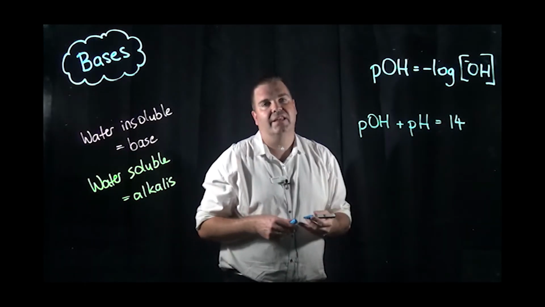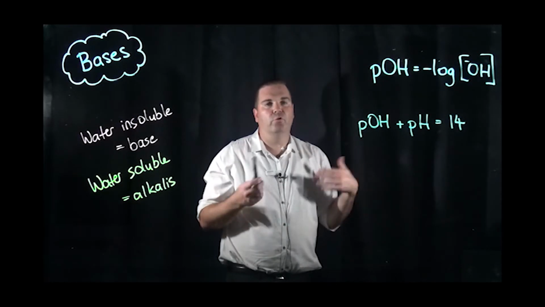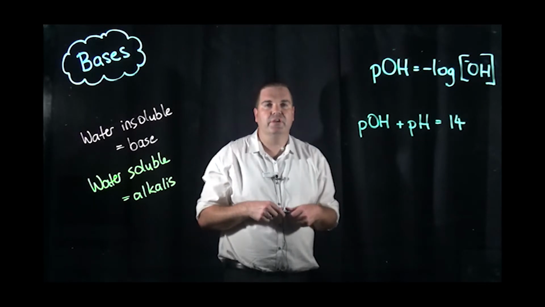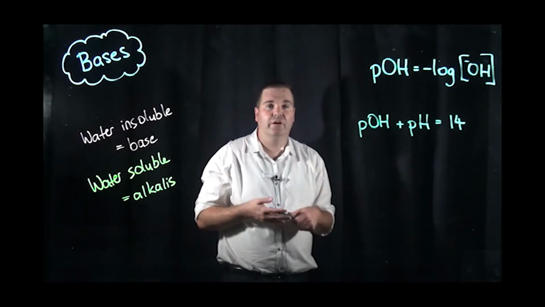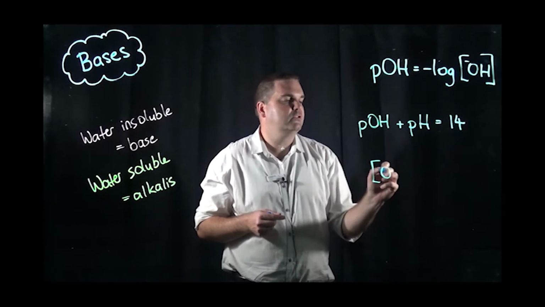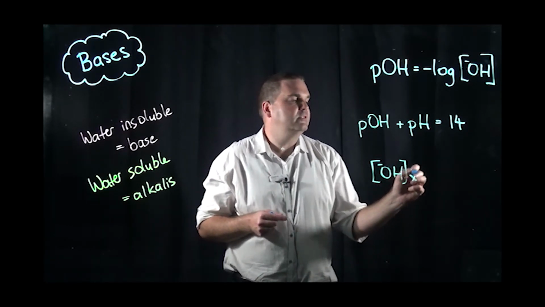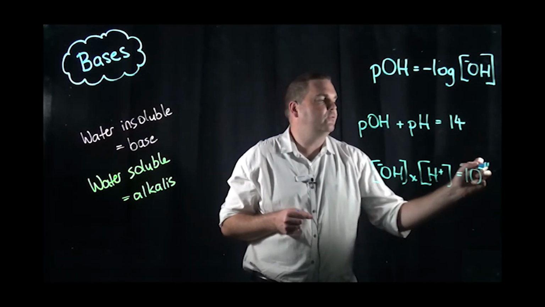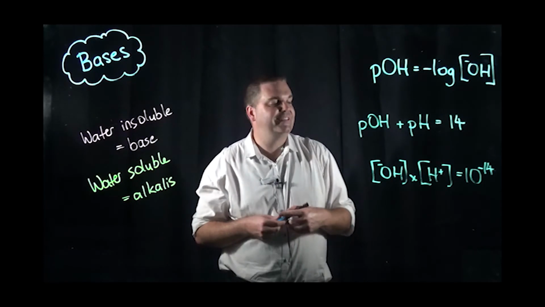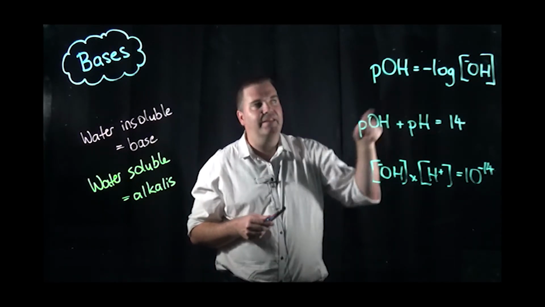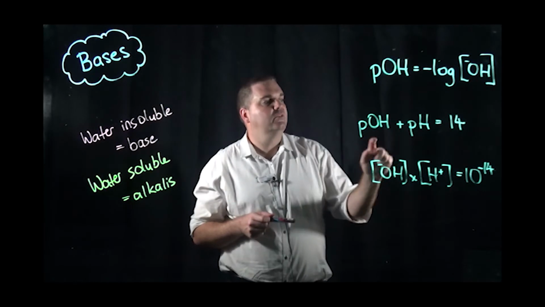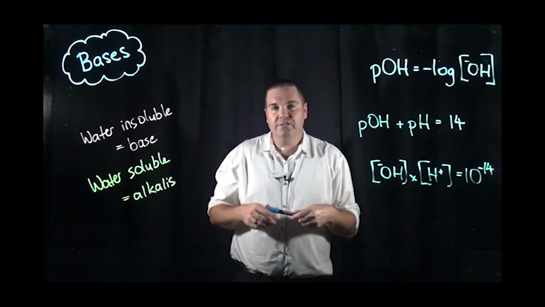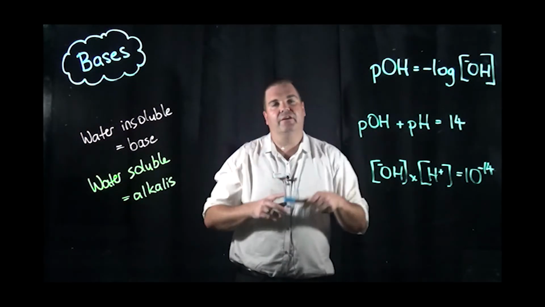So if you know that your pH is 11.8, you can take that away from 14 and get your pOH. You can also use the concentration of hydroxide ions times the concentration of H plus ions, which is equal to 10 to the negative 14. If you're pretty good at maths, you can rearrange that to get your concentration of hydroxide ions, plug that in and get your pOH, and then use that with the other equation to get your pH. Again, that's covered in the acid rain and pH adjusted video, so if you want more help with those calculations, go back and have a look at that.